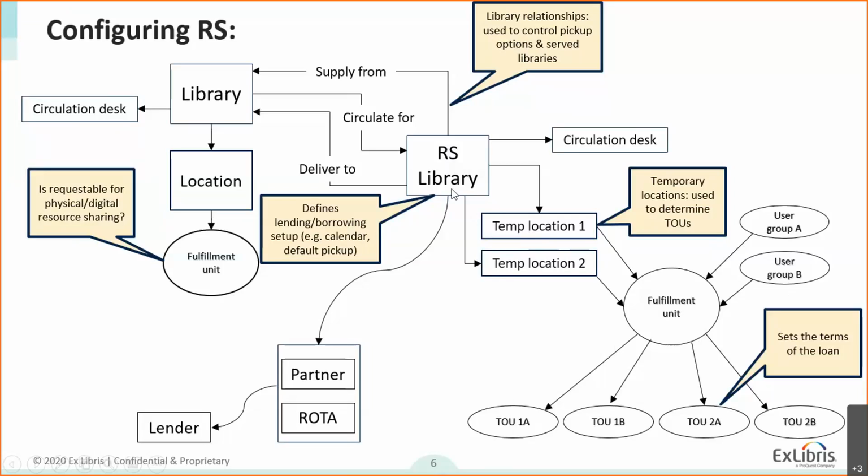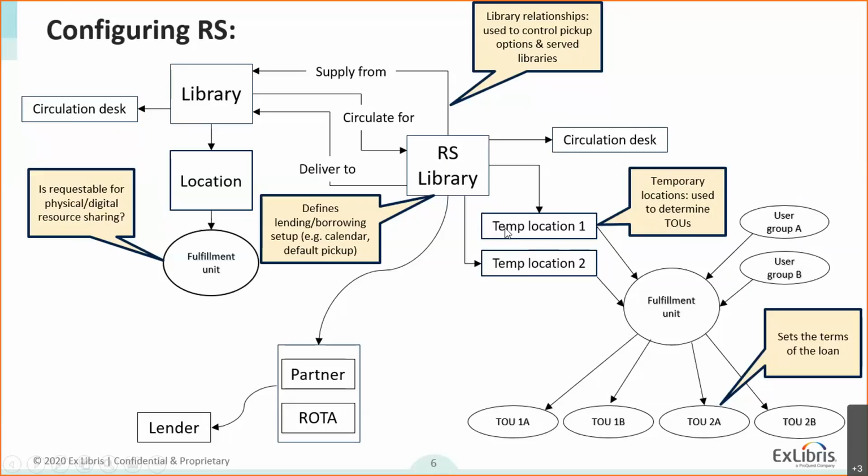So I can say, for example, items from my consortium members go to a certain temporary location, and then my users get certain terms of use. And my faculty maybe gets different terms of use from my students. And items outside my consortium, but from other partners, will go to another temporary location and then get different terms of use for my students, and again, different terms of use for my faculty.